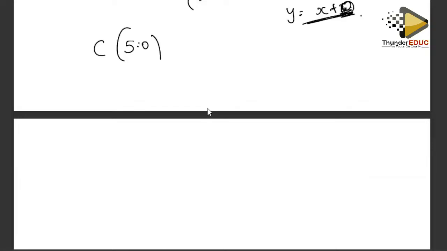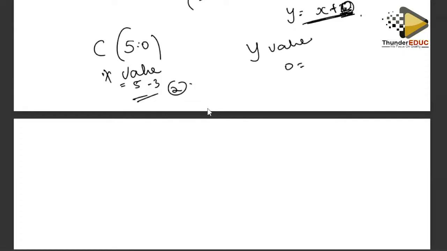Okay, so initially we were supposed to switch positions. We were supposed to switch the positions, meaning that our x value was going to be 5 minus 3, which gives us what? Yeah, 2. And then for us to get the y value, 0 is equal to x minus 3, meaning that our y value is a 3.